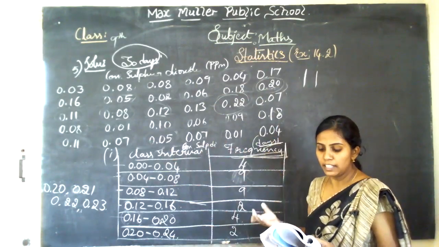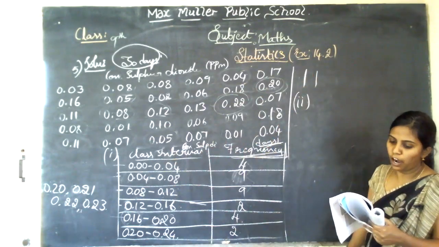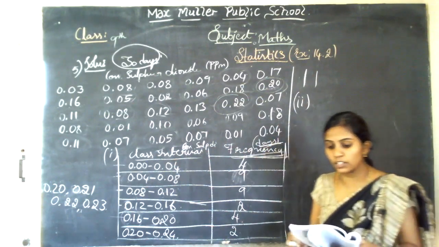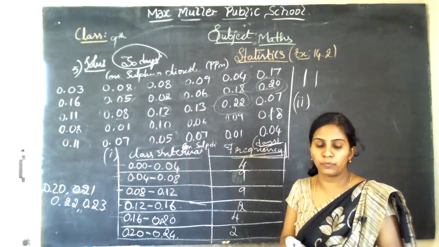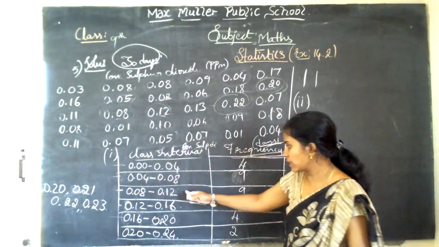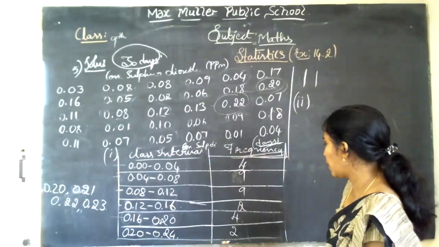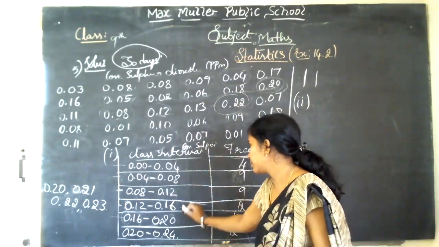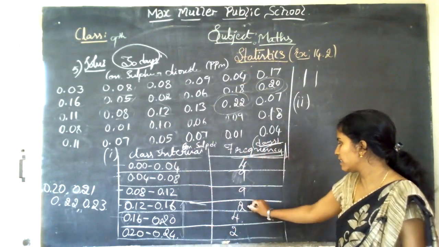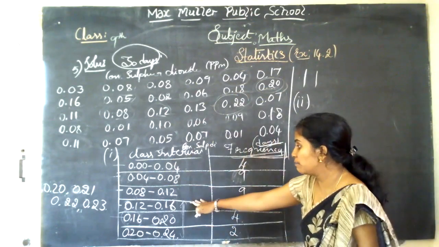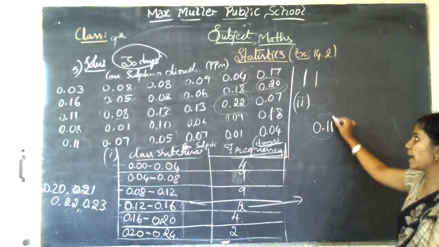For the second one, for how many days was the concentration of sulfur dioxide more than 0.11? Can you see this? More than 0.11, and 0.11 is not included.